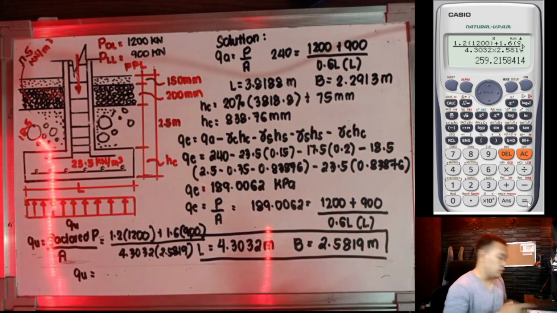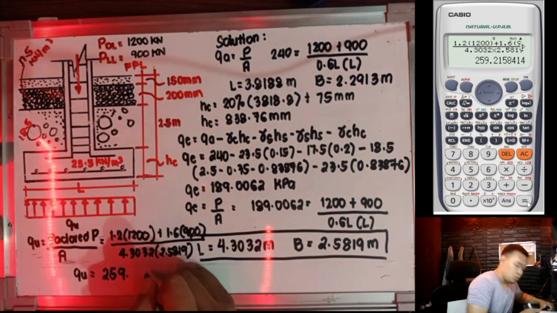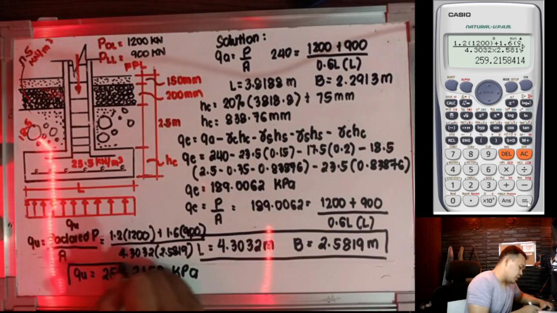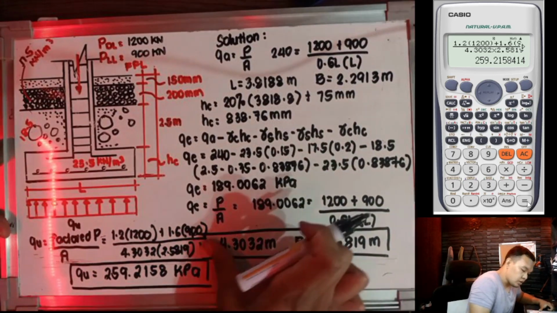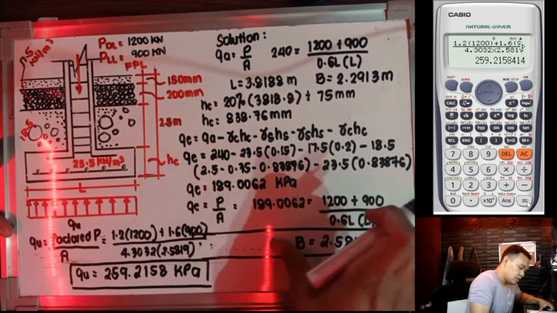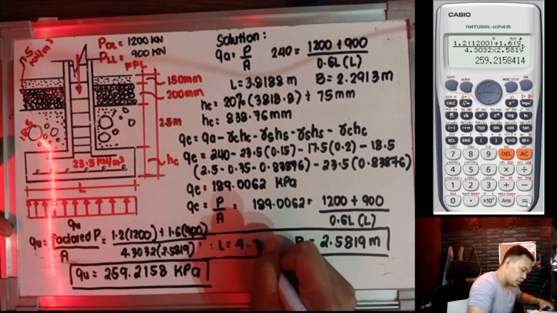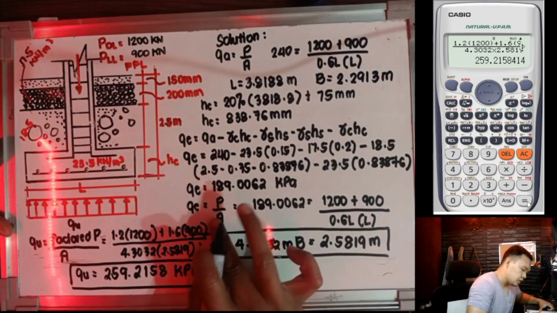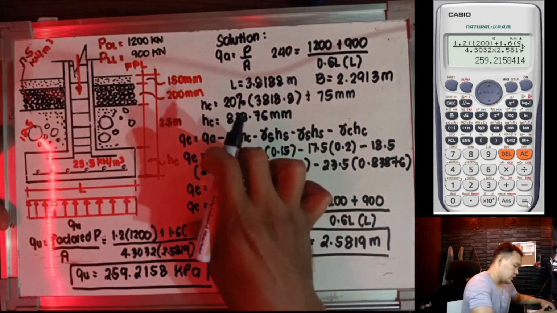Okay, so we have here 259.2158 kPa as the ultimate soil pressure QU. Okay? Let me just correct this. L is equivalent to 4.3032 meters. Okay? Yan. Ay, 900.